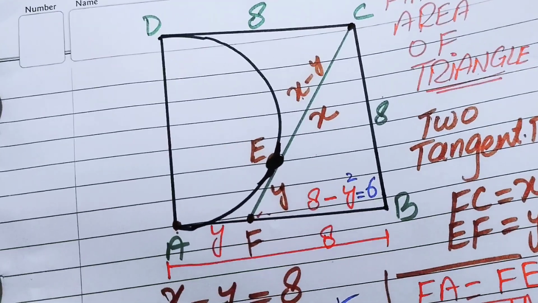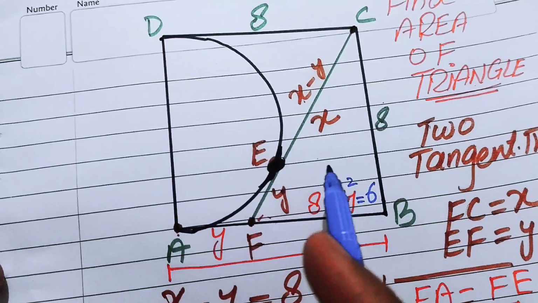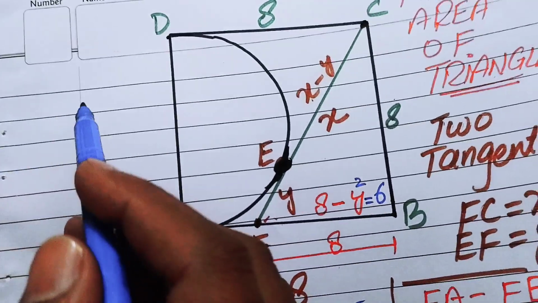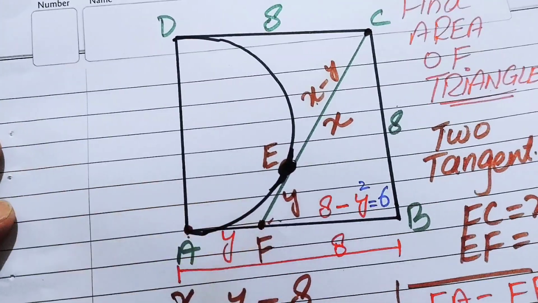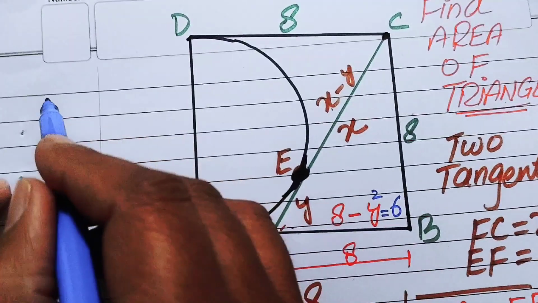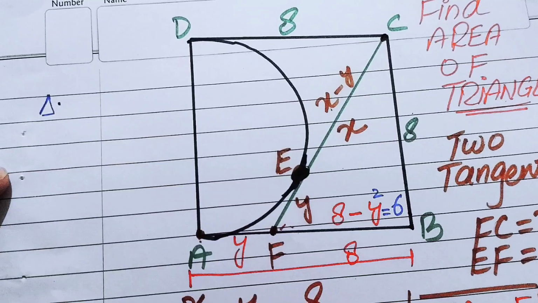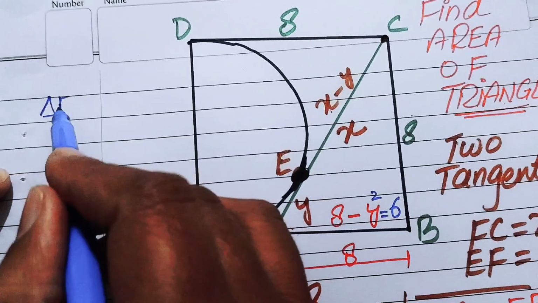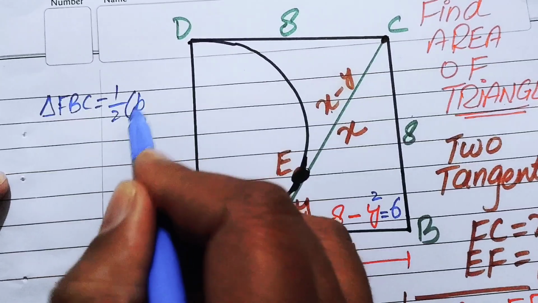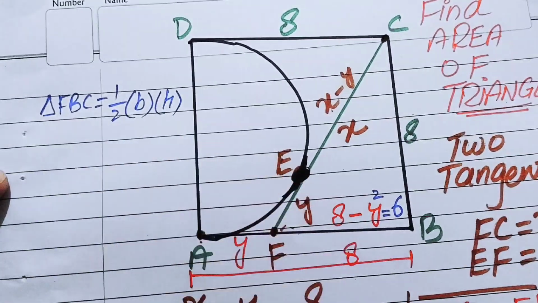In this question we need to find the area of this triangle, and now we use the area formula. The area of triangle FBC equals half of the base multiplied by height.